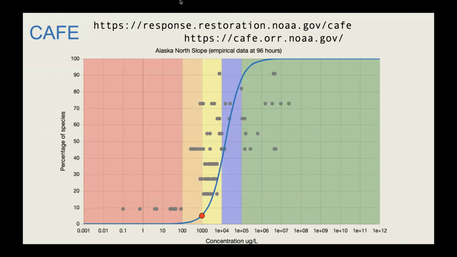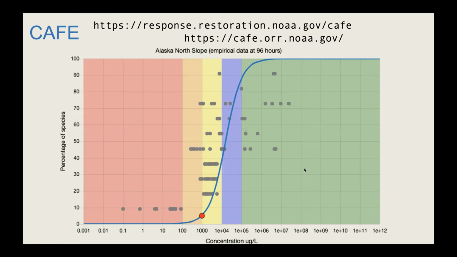In particular, if there is enough data, it will create one of these, which is known as a species sensitivity distribution graph. This is the idea that different species and different life stages are more or less sensitive to a particular chemical. You can fit this to a curve, which can then help you get an idea of how toxic it is in general, when you don't know exactly what species, or if you don't have data for the species of concern.